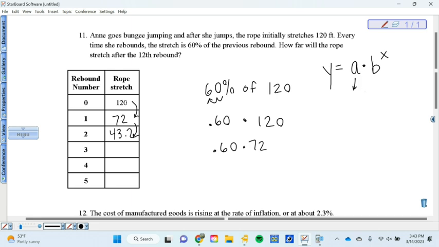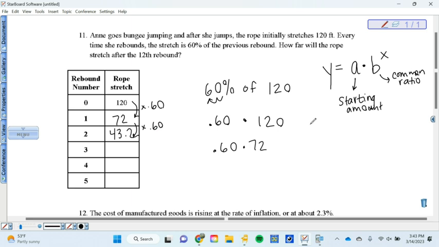What does A tell us? Starting amount. And what does B tell us? Common ratio. Right? What am I multiplying by to go from term to term?